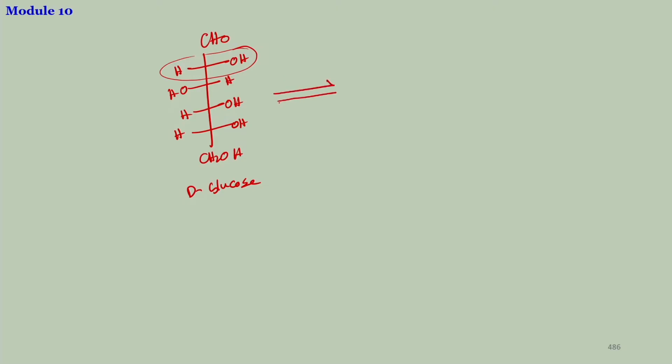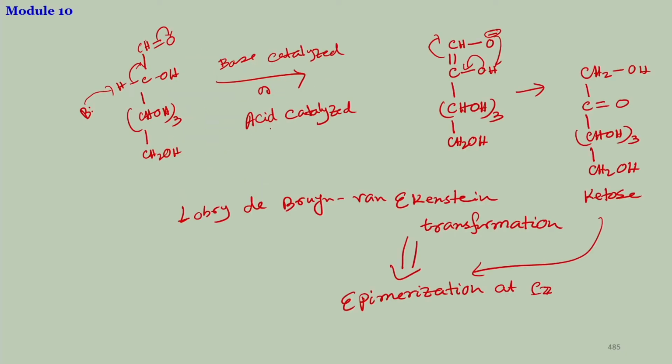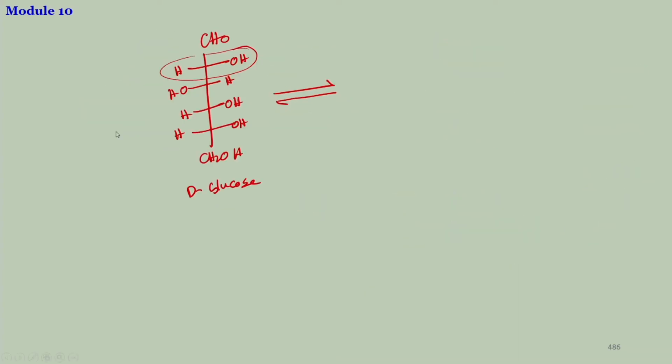One thing I forgot to mention is that in the previous reaction, be it base catalyzed or acid catalyzed, this reaction is actually reversible. So, all the steps here are reversible steps, and all of these structures exist in equilibrium. Which means if you treat it with a base, then you are forming the ketose.